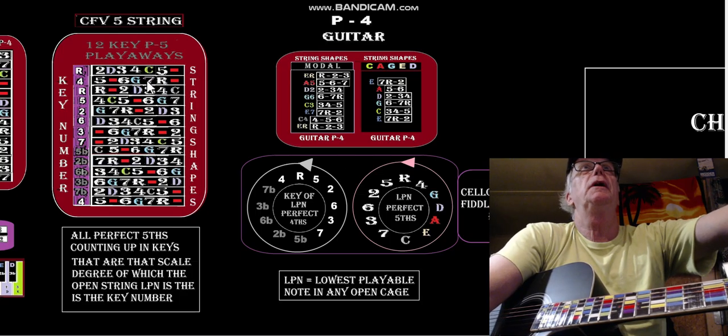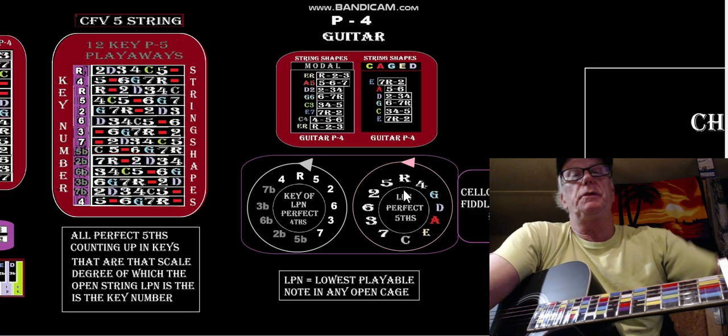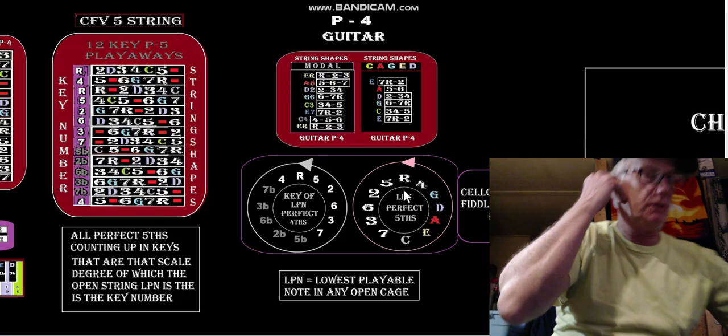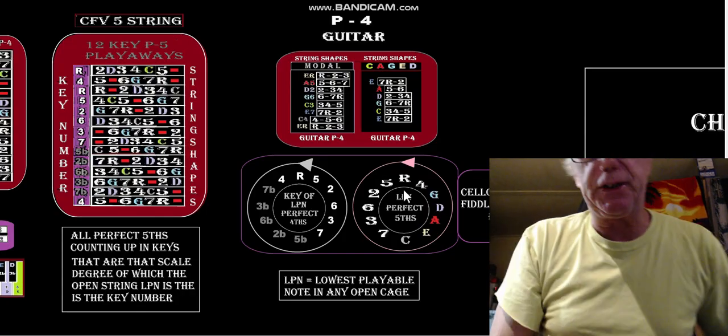I forgot where we are. Okay, we're up here. What is E? Are we considering E the root? E could be anything. If you look at the dot scale, it's a C major scale.